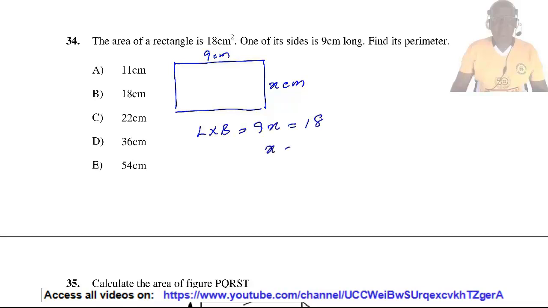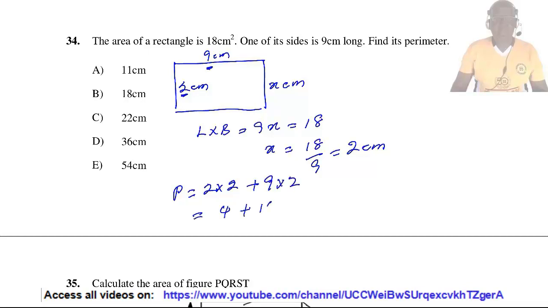So S equals 18 divided by 9, which equals 2 centimeters. So the perimeter equals 2 times 2, because there are 2 sides with length 2, plus 9 times 2, which equals 4 plus 18, which equals 22 centimeters. So the answer is C.